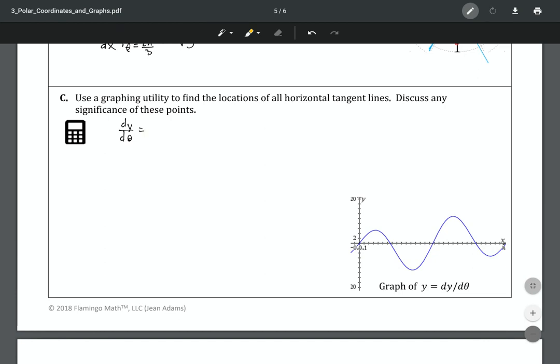Now, I'm going to write what dy d theta was, which we did earlier on part A of this. We're going to set that equal to 0.